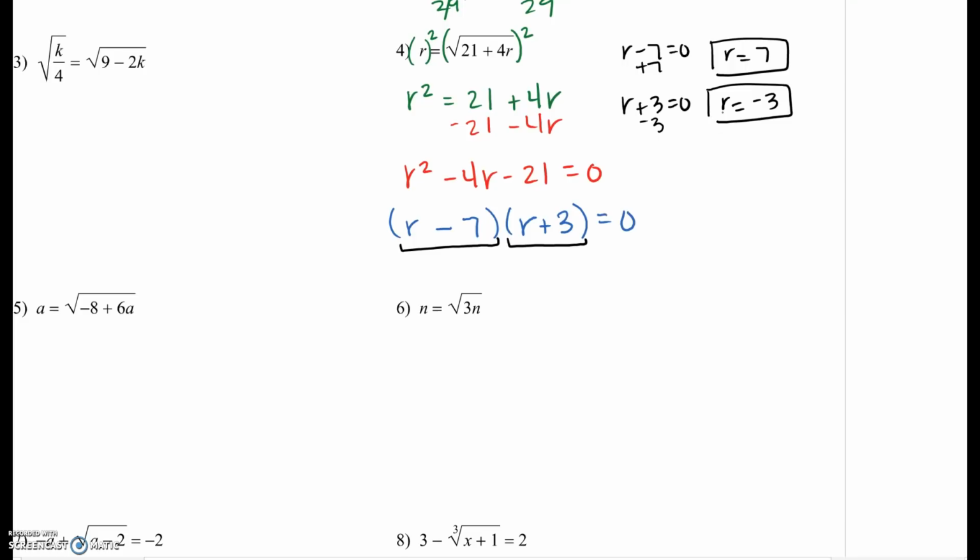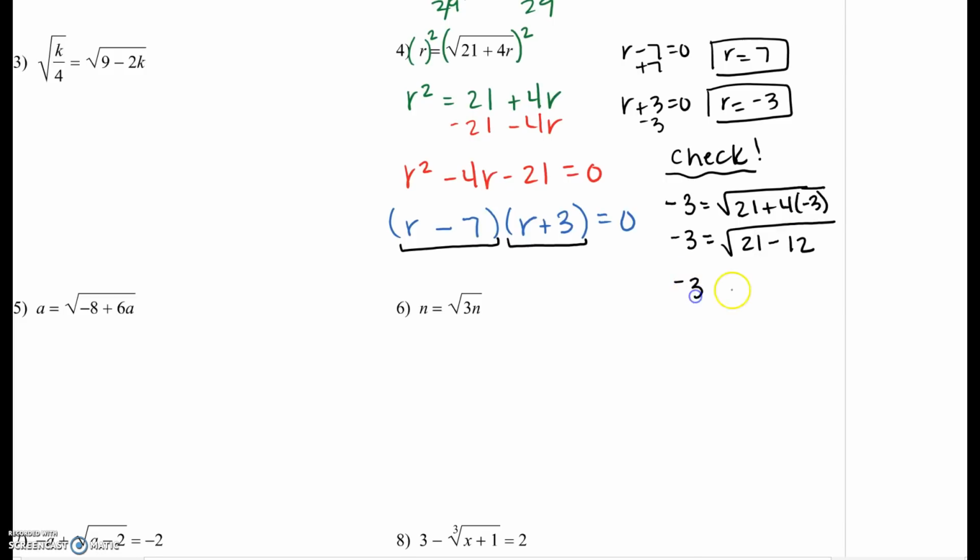Okay, so I'm going to go ahead and check. I'm going to plug it in, so I have negative 3 equals the square root of 21 plus 4 times negative 3. If we simplify this, we have negative 3 equals the square root of 21 plus, just kidding, it would be minus 12.